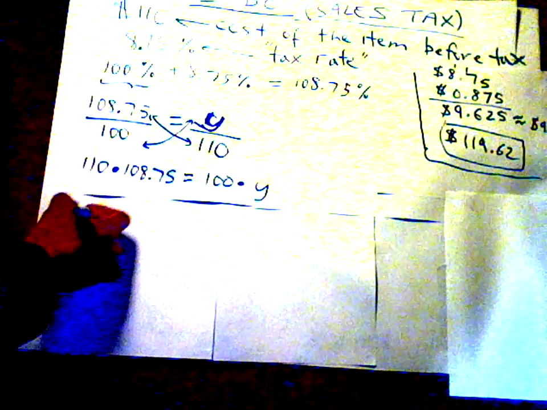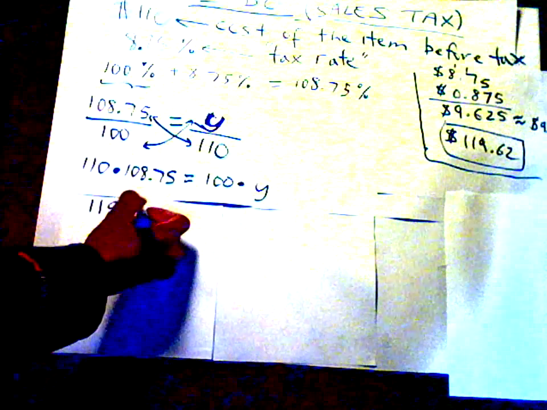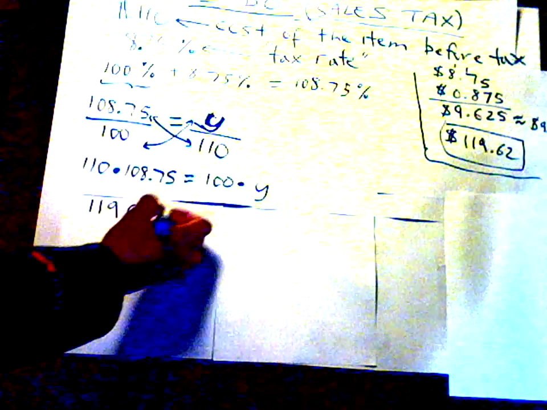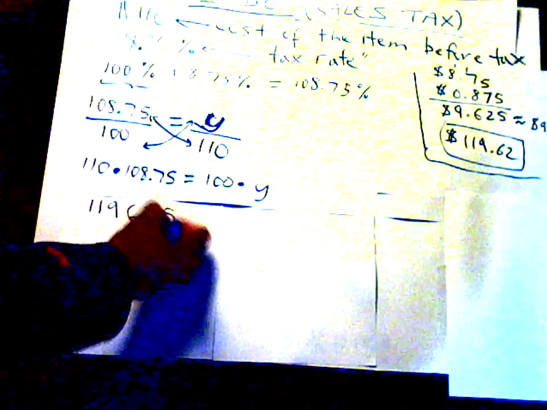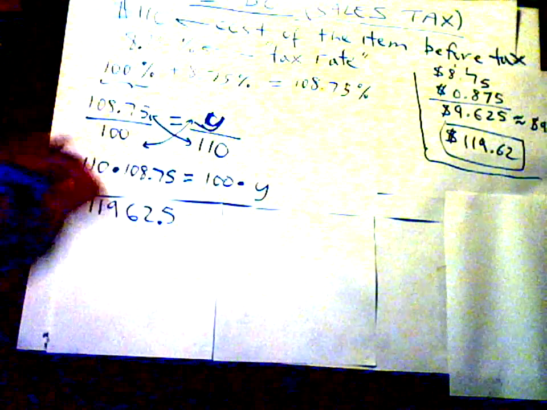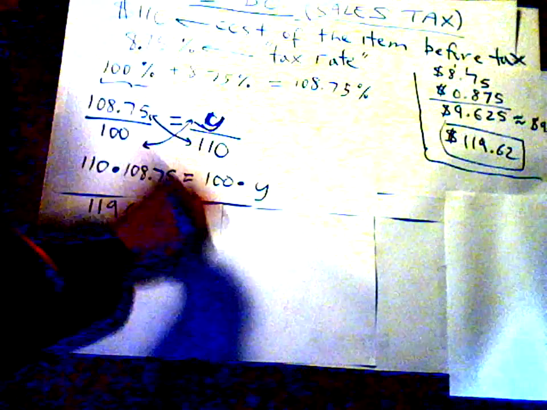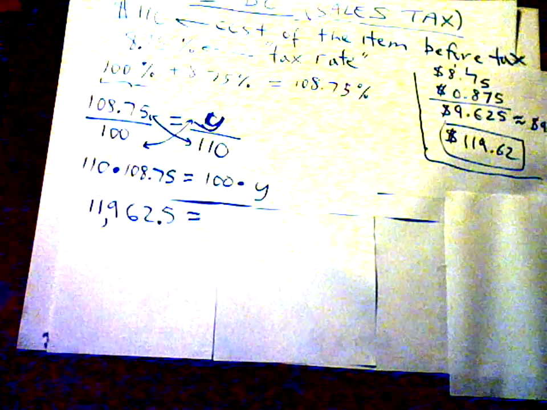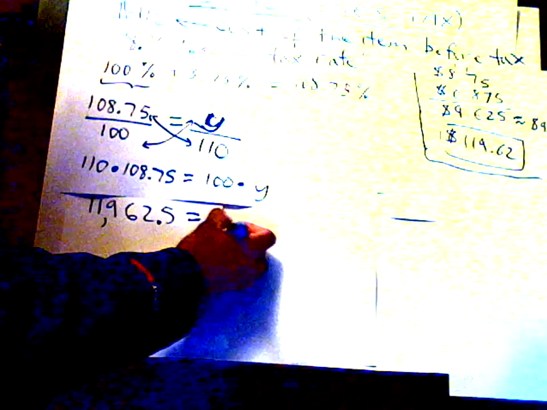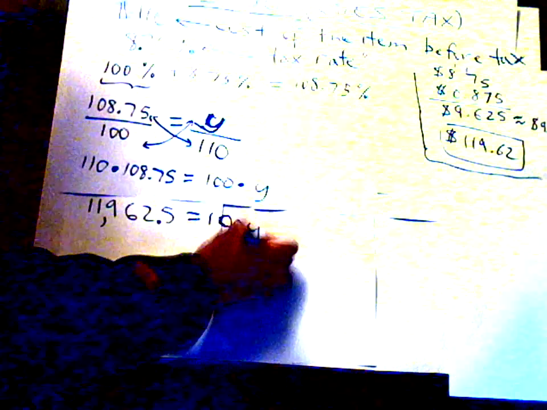I am going to get 11,962.5. Okay, I'm cheating a little here because I already know what the answer would be based on what I did in the beginning. So it's going to be 11,962.5 is equal to 100y.